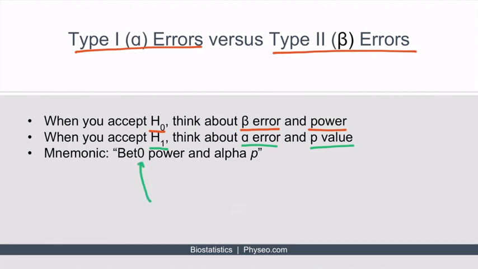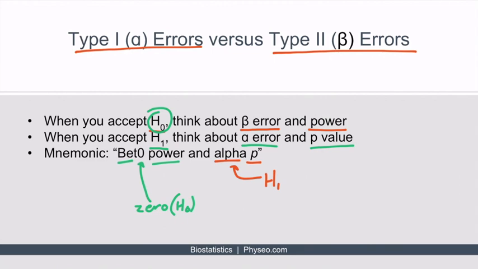Notice that in beta power, this O is a 0, meaning H subscript 0. So when you accept the null hypothesis, be thinking of your beta error and power. Alternatively, when you accept the alternative hypothesis, or H1, think of an alpha error and your p-value. Once again, beta power and alpha p.